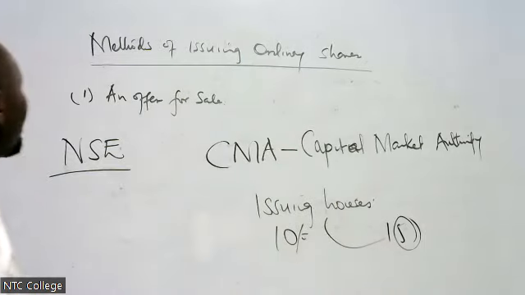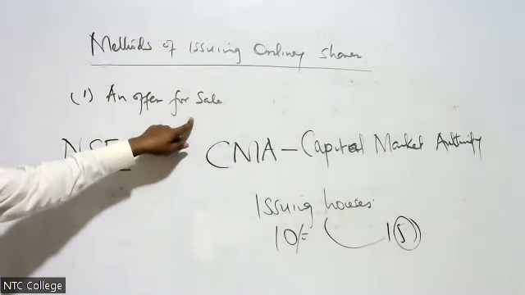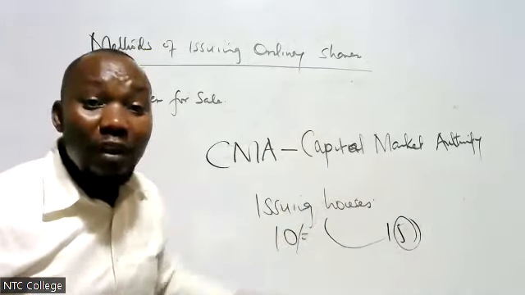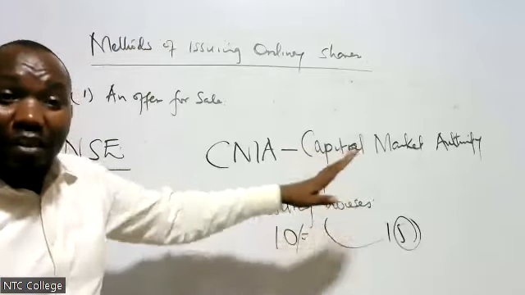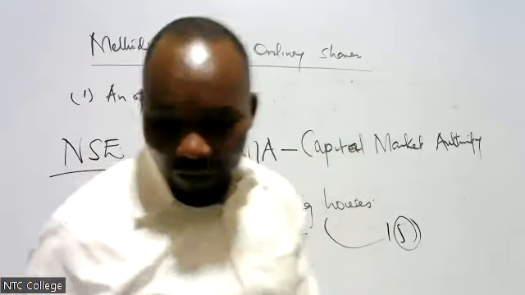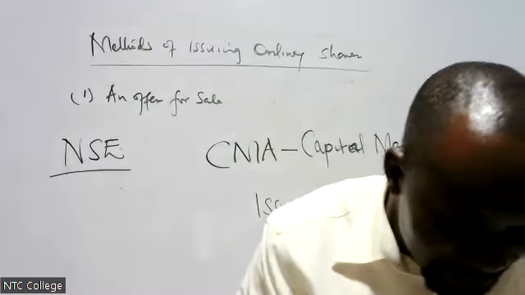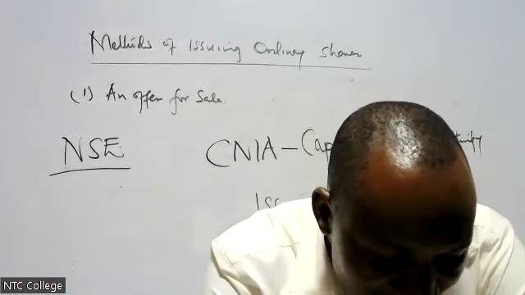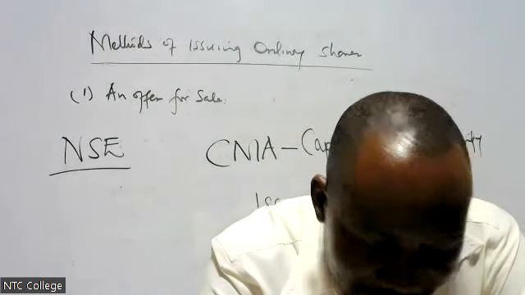That is what we call an offer for sale. You sell to somebody who is popular, let him go and struggle to look for the market, because he is known. So I want to write that an offer for sale involves the issuing company.